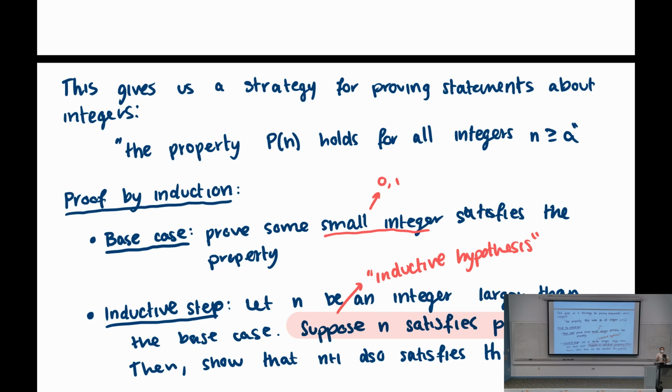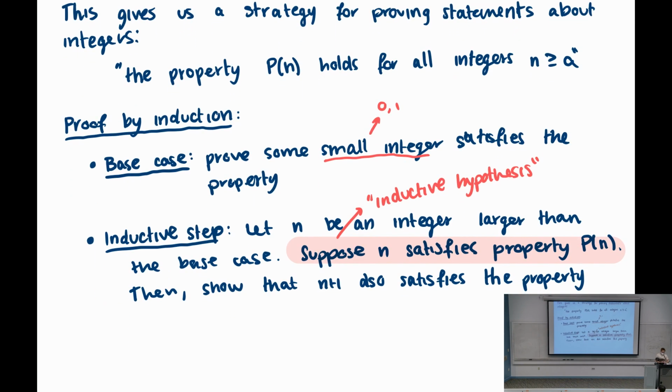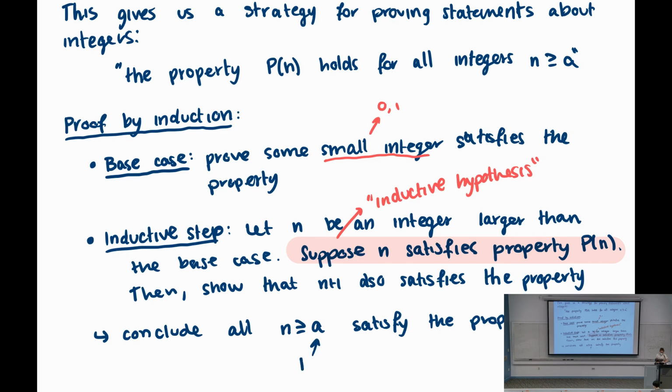So the first principle of induction that we just proved would then allow you to conclude that all integers greater than or equal to your base case satisfy the property. So from these two ingredients, we can conclude all n greater than or equal to a satisfy the property, where a is your base case.